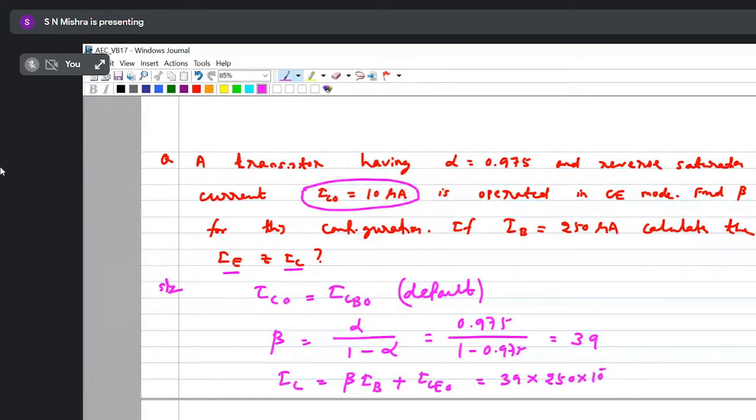ICEO equals 1 plus beta into ICBO. So 39 into 250 into 10 to the power minus 6 plus 40 into 10 into 10 to the power minus 6. Now find out the value in milliampere.